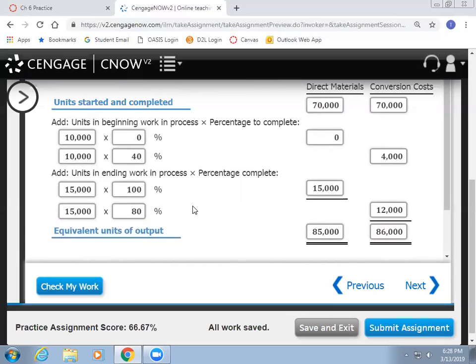So we would have 4,000 in beginning, the 70 for those that were completed and transferred out. So that's beginning. And then in ending, they were 60% complete. So it'd come down to the 15,000. And those that were in ending work in process would be the 60% complete.